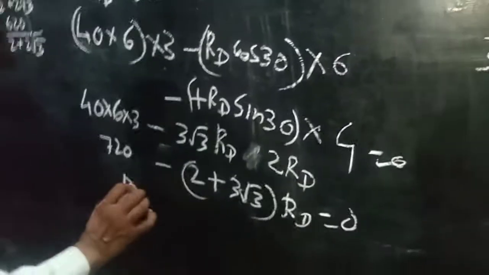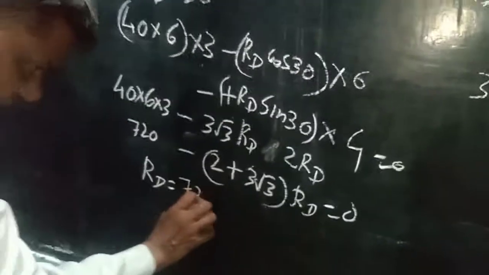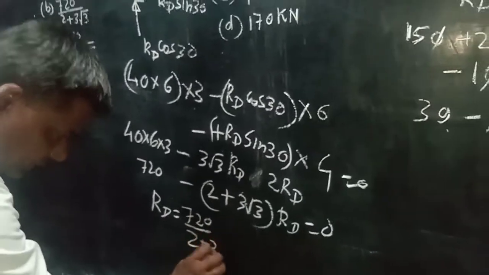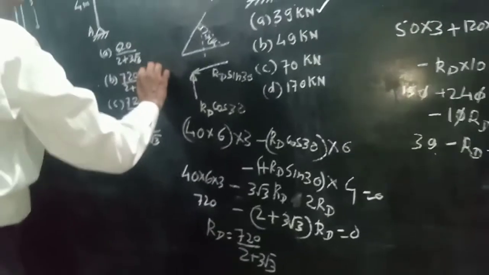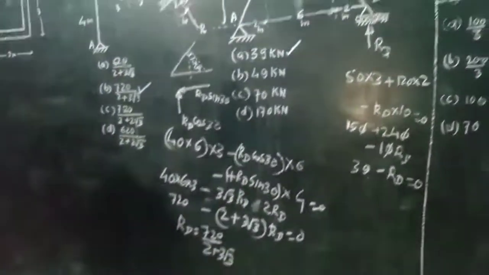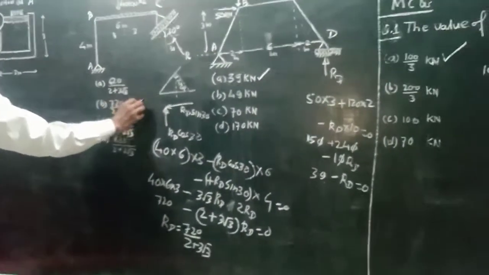So RD is equal to 720 upon 2 plus 3 root 3. The answer will be 720 upon 2 plus 3 root 3. This is the answer of this question.